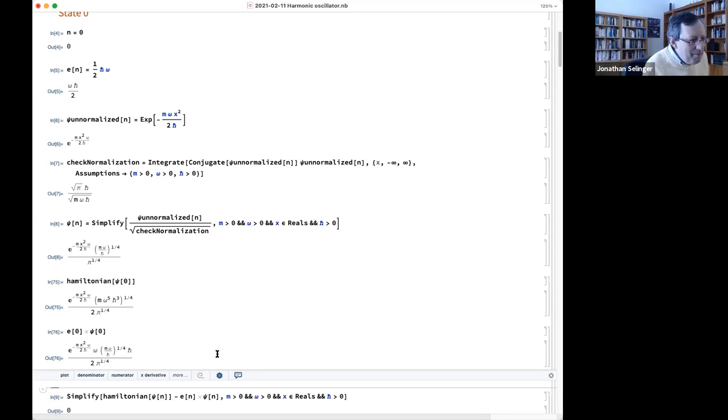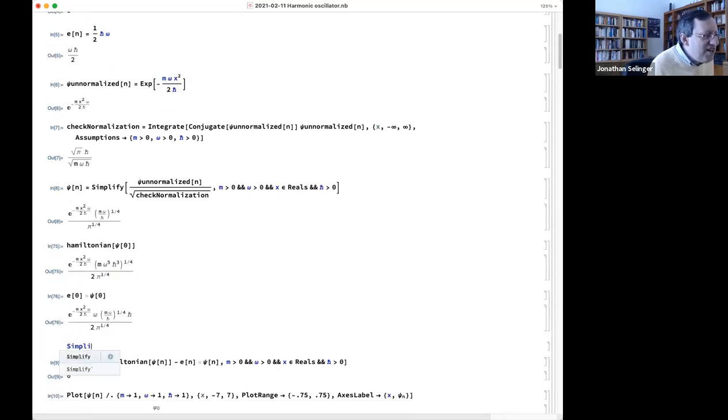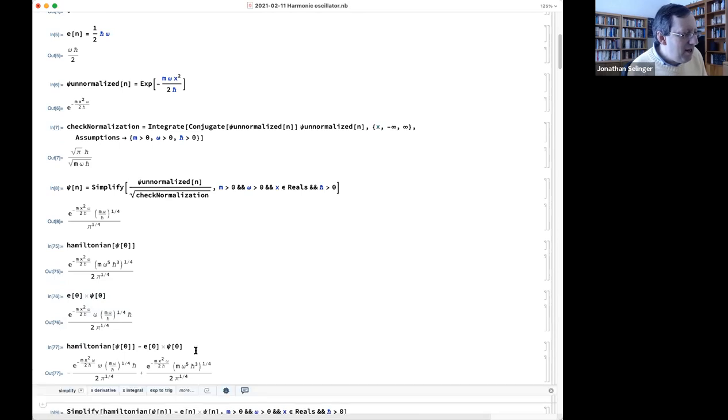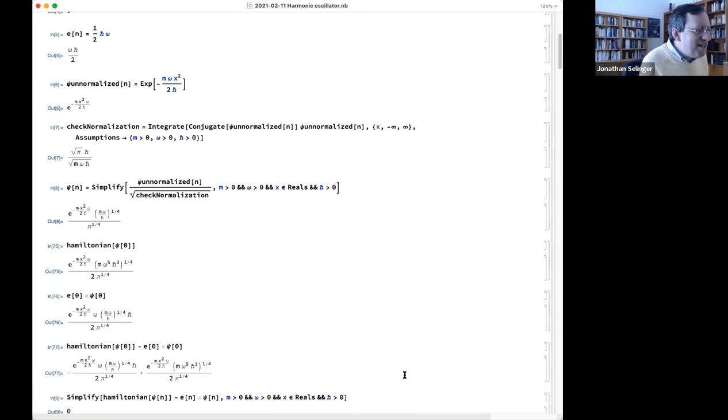Well, I think so, but I better check. So one way to check is to calculate the difference. If I take this thing minus this thing, is that 0? Well, I'll tell Mathematica to simplify this difference.